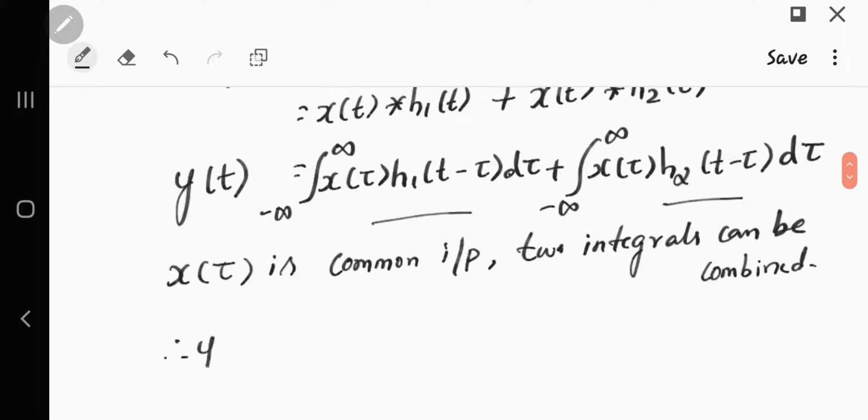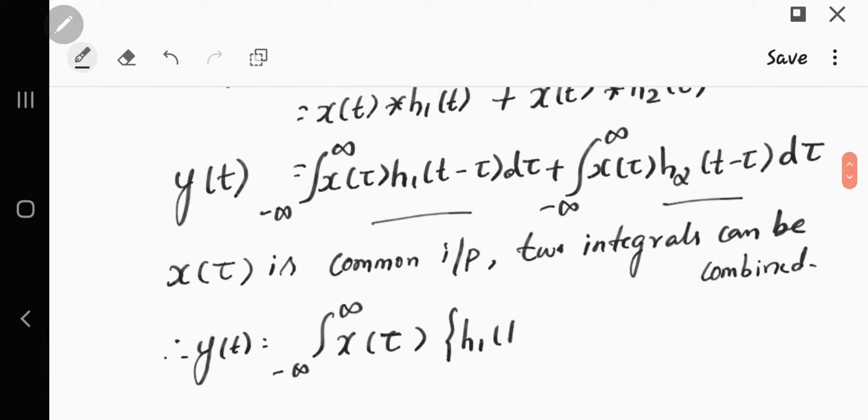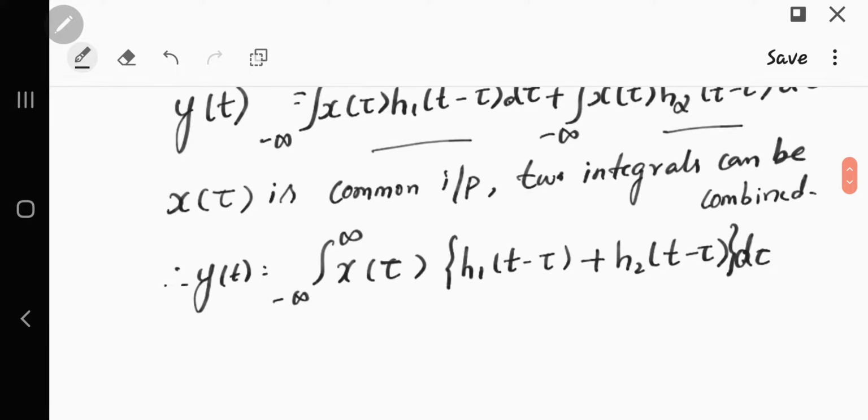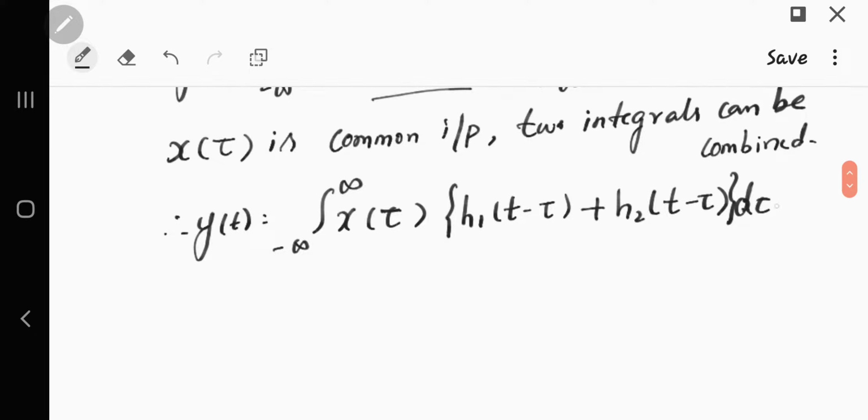So y of t becomes the integral with tau varying from minus infinity to plus infinity of x of tau times h1 of t minus tau plus h2 of t minus tau, d tau. Okay. Call this expression 1.